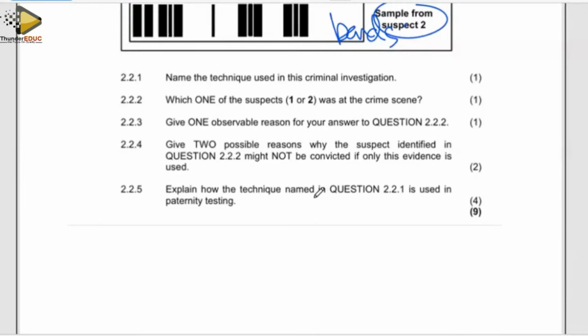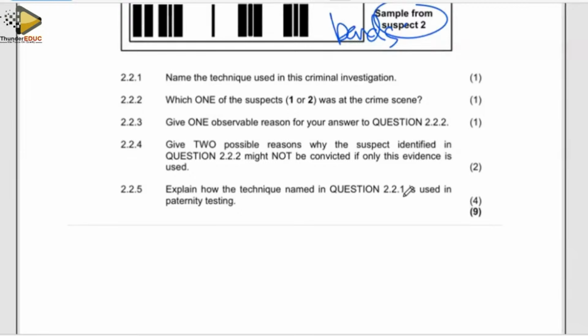Then they're saying, give 2 possible reasons why the suspect identified might not be convicted if the evidence is used. First of all, yes, we know that DNA is unique, but it might be manipulated. What if someone went there and dropped it? There could be human error. The suspect can say that no, that is human error.